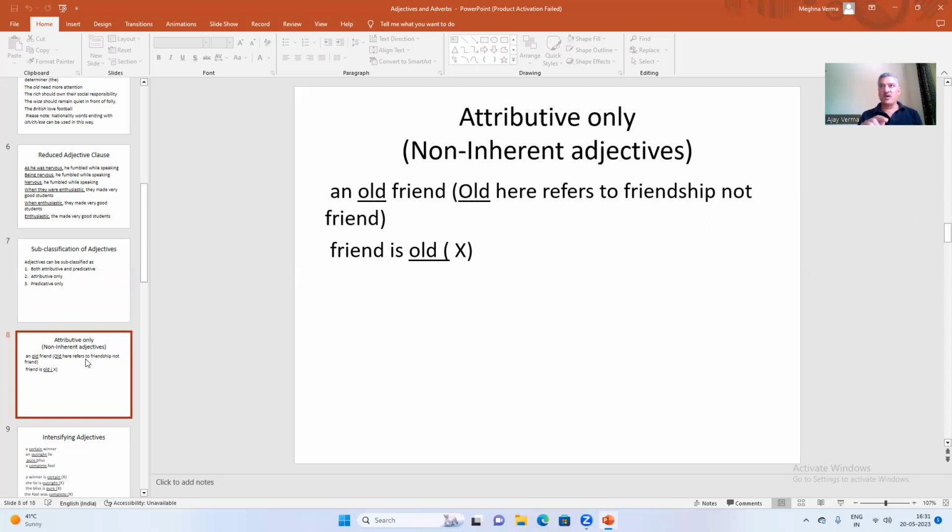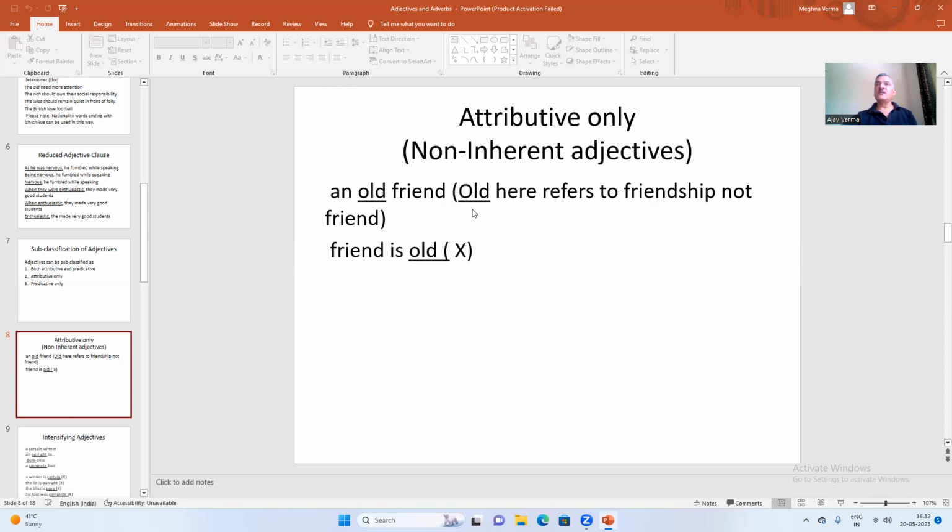Okay, in the book, this aspect of adjectives is described like this. Adjectives that characterize the referent of the noun directly are termed inherent. Those that do not are termed non-inherent. So, which do not characterize the referent directly, okay? Which do not characterize the noun directly. So, old in this sentence is not used for friend but for friendship.